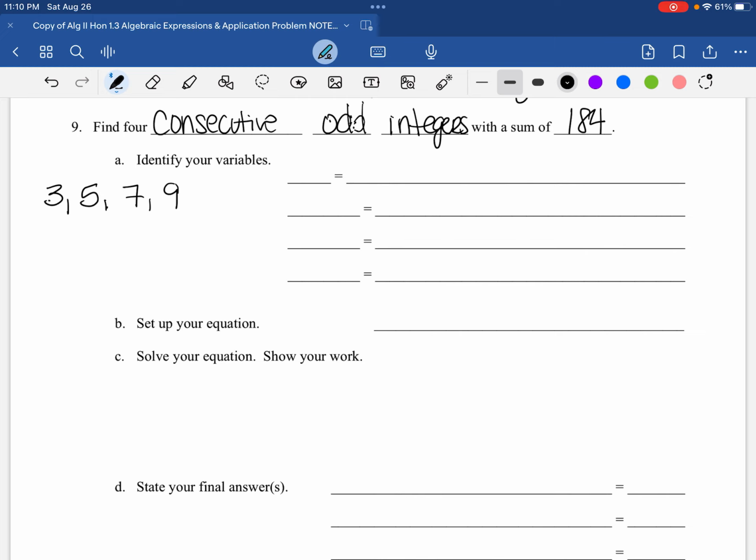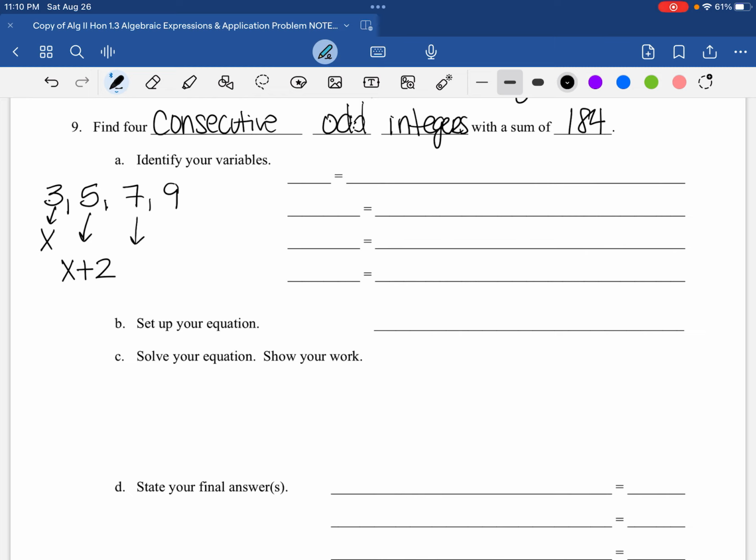So we have to figure out, how can we represent 4 different consecutive odd integers? Well, if we think of the first one as a variable, like x, how can I get from x, which we're saying is 3, to 5? Well, in order to do that, I would have to add 2.